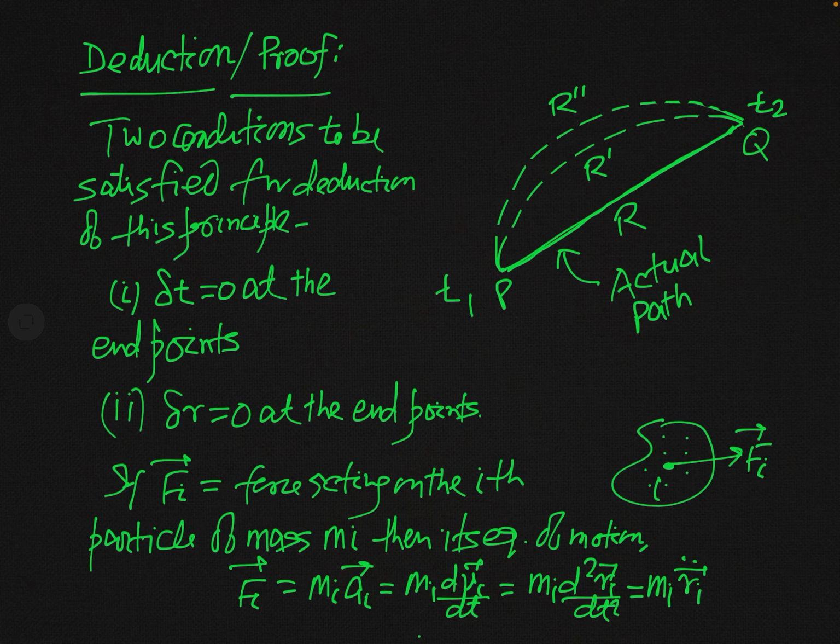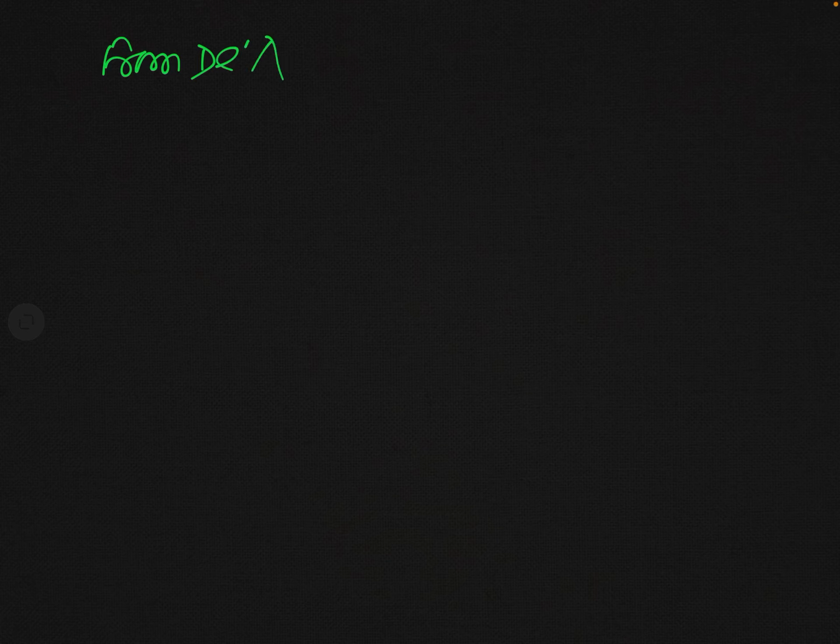Now we will write D'Alembert's principle, which we studied during the Lagrangian formulation in the previous lecture. What is this principle? You can see here.